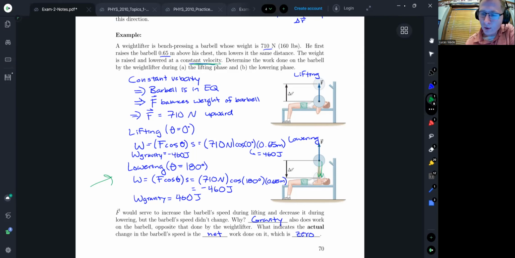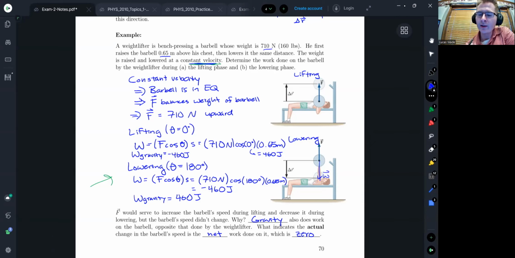And so in order for that to happen, there has to be a force balancing out that force of gravity. So for him to be able to lower it at a constant velocity, this is the force of gravity or the weight of the barbell, he has to apply a force equal in magnitude but opposite that weight so that the net force is 0 so that the barbell moves at constant velocity.